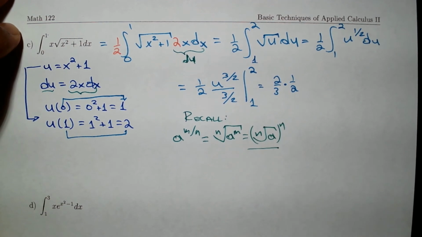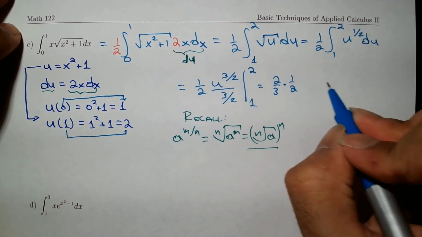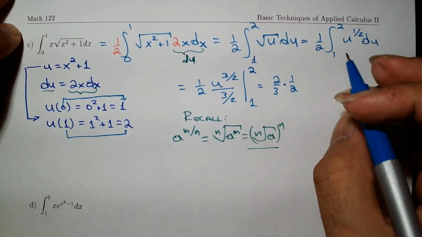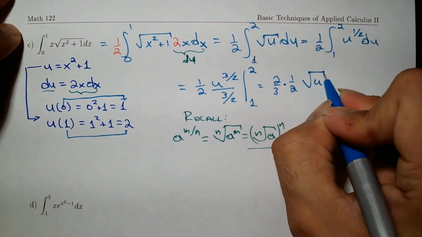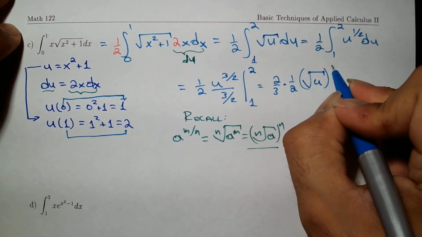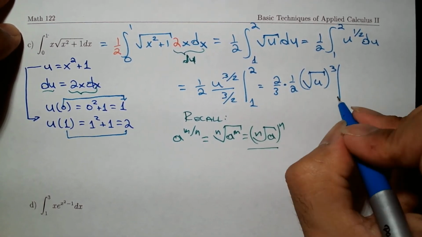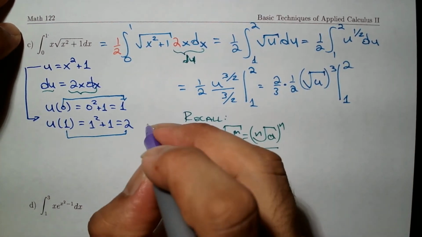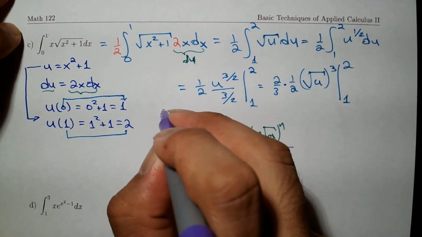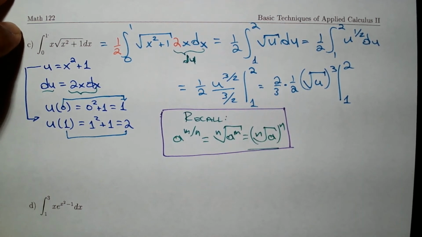This is a fact from elementary and intermediate algebra. So I'm going to write this as the square root of u, quantity cubed, evaluated from 1 to 2. It would be worth putting a box around this.